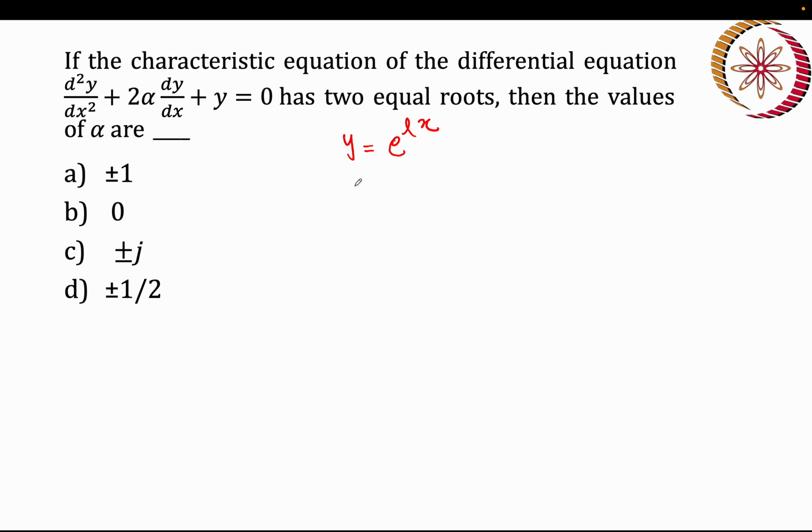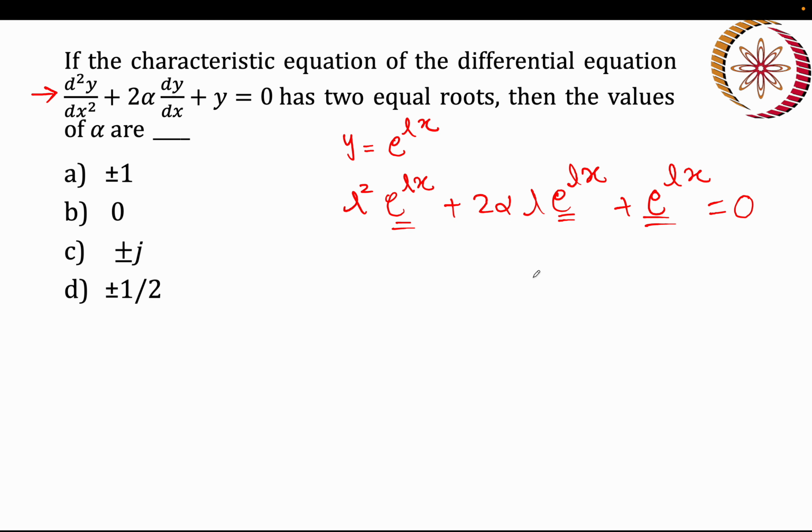If we substitute that into this equation, what we get is lambda square e raised to lambda x plus 2 alpha lambda e raised to lambda x plus e raised to lambda x is equal to 0, and all the e terms will get cancelled. Then we get lambda square plus 2 alpha lambda plus 1 is equal to 0.